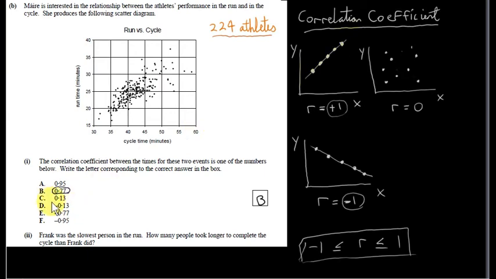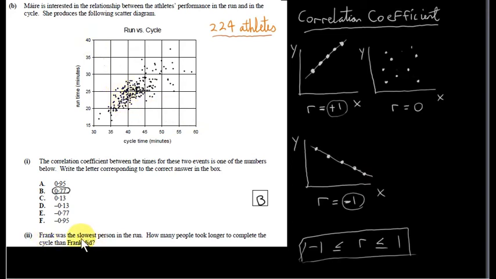That's not happening. 0.13 is too small. 0.13 is close to 0 actually, so that would be a fairly random scatter with not much of a linear relationship. And D, E, and F you can rule out straight away because these values are negative. For a negative correlation, the data would be running in the opposite direction, from the top left to the bottom right.